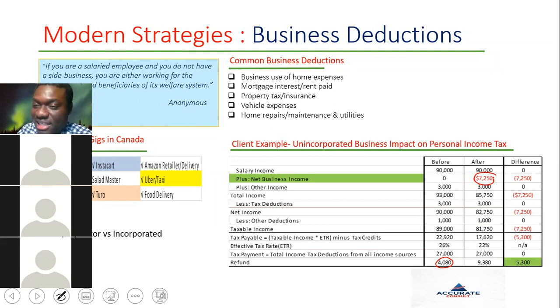This is effectively the same impact as contributing 7,250 as an RSP contribution, so the net income of this person will reduce. Do you understand? And with the business performance, this person has an increase in his refund of $5,300.